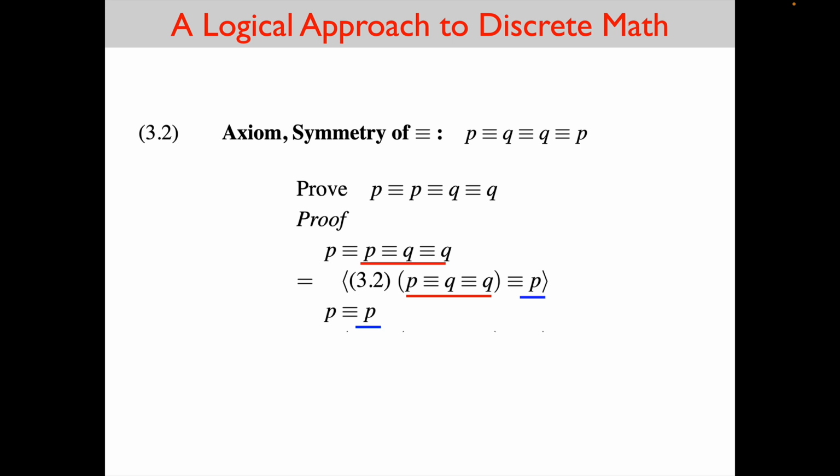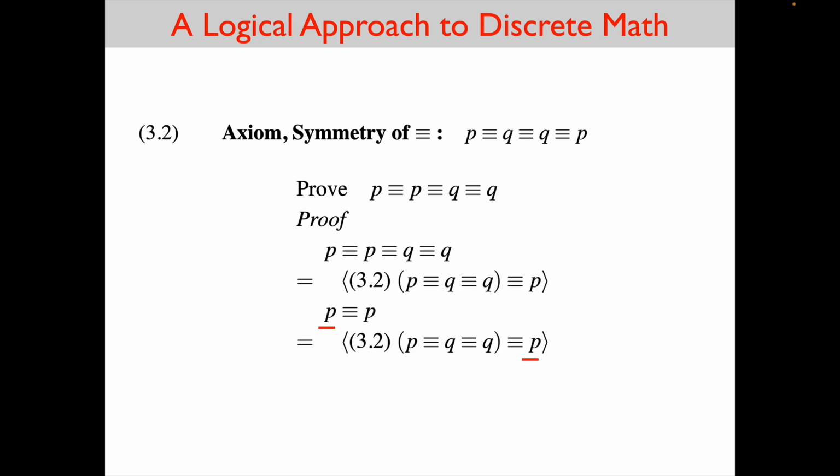No, it is not. So we have to do another step. Our next step is we are going to use 3.2 again. And furthermore, we are still going to use the same grouping, P equals Q equals Q equals P, close parenthesis, equals P.